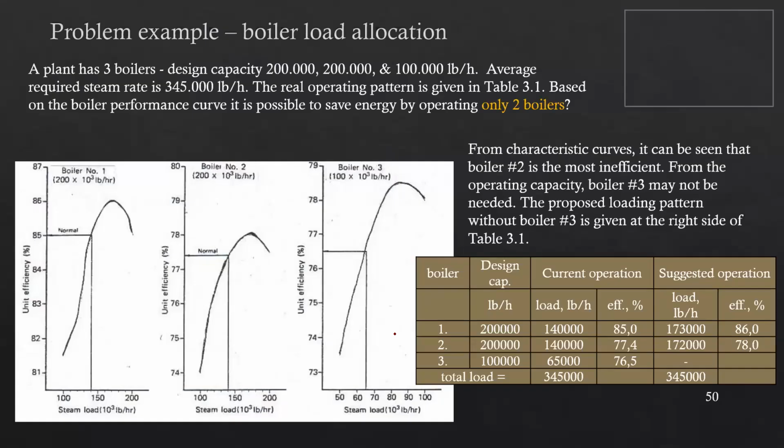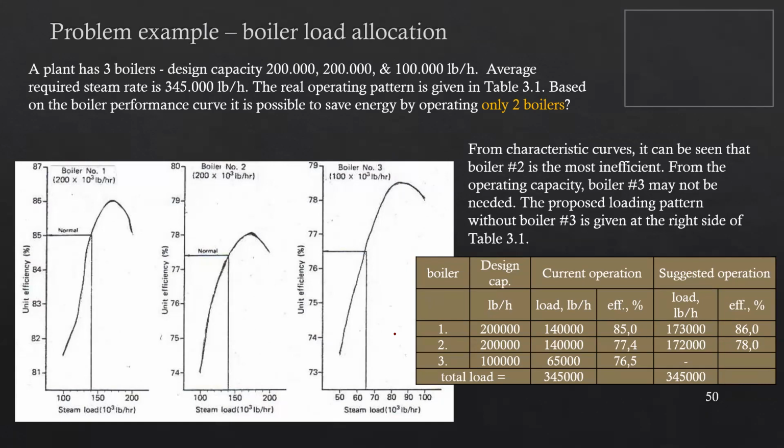Okay, so I have another type of problem here. Comparing the number of boilers while considering the design capacity of each boiler, we can also look at the percent efficiency of the boiler.